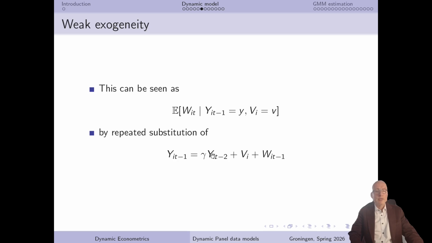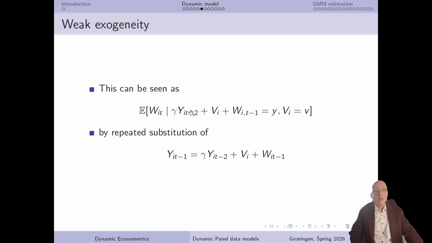We can substitute this right hand side into there in order to get this relationship that we have over here. Now we have that the mean of w_it is going to be conditional on gamma y_it minus 1 plus v_i plus w_it minus 1 and this v_i that we have over here.